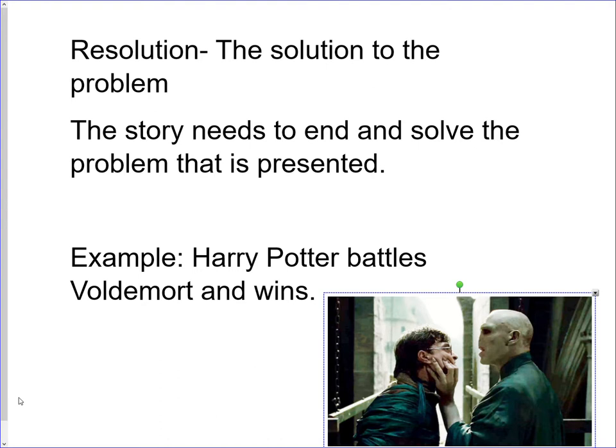You want to make sure something happened, and keep people engaged in what they're reading or watching. So for example, in Harry Potter, the resolution would be him fighting Voldemort, and then he wins. Harry and his friends go against Voldemort, and they finally win. They solve their problem of Voldemort by beating him in the end.